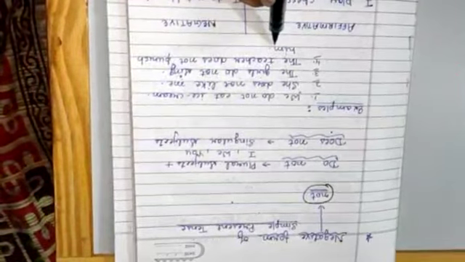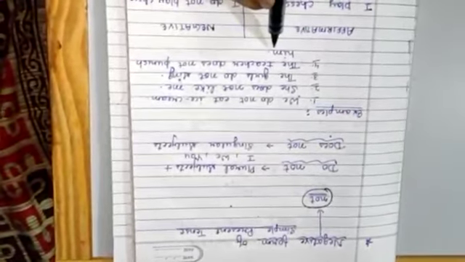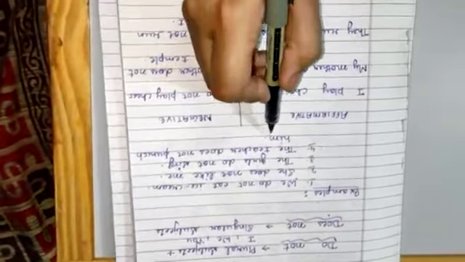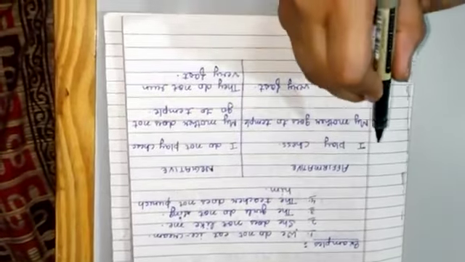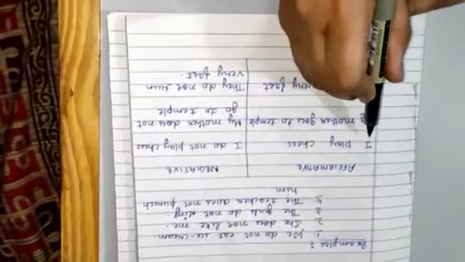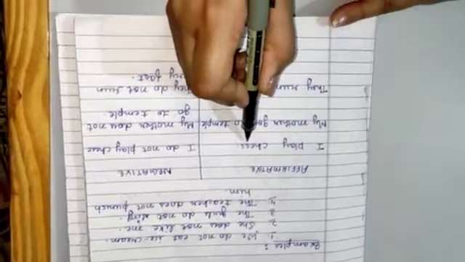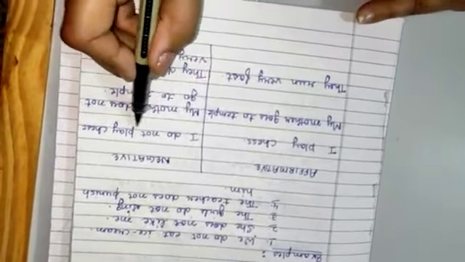So this is how the negative sentences are framed in simple present tense. Let's see the difference between affirmative and negative. In affirmative, I play chess. Its negative form will be I do not play chess.